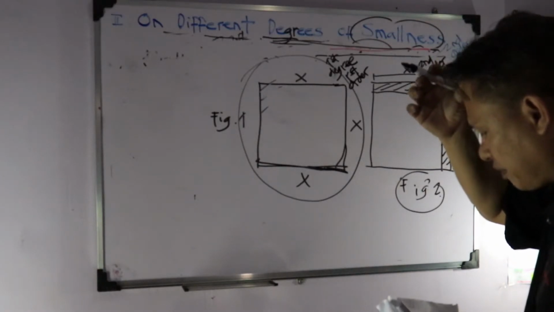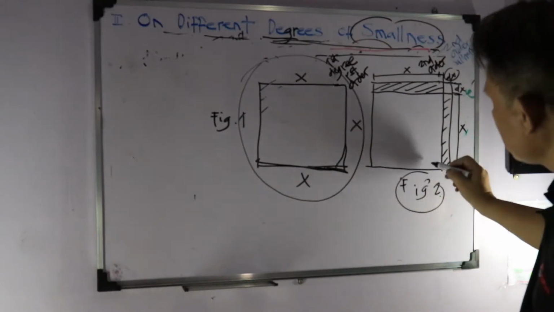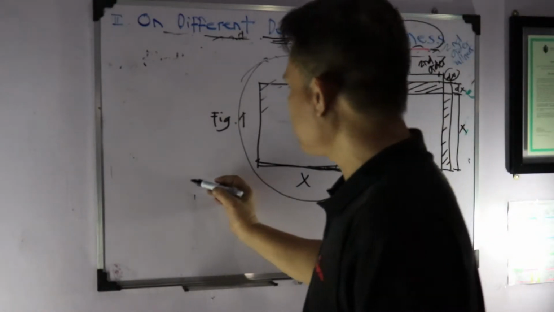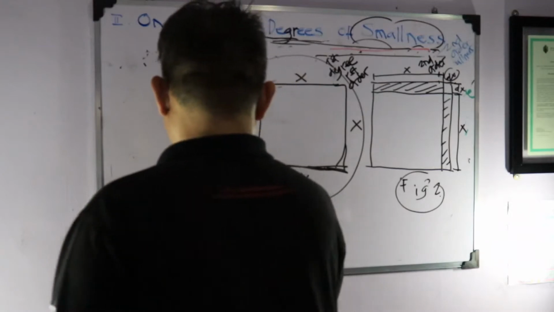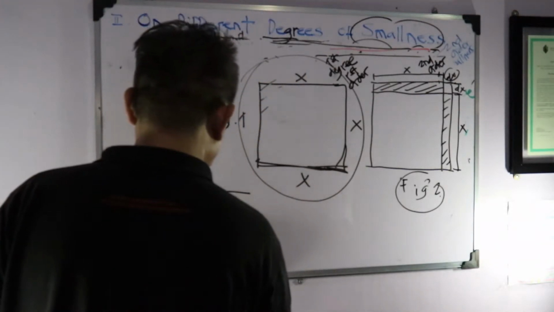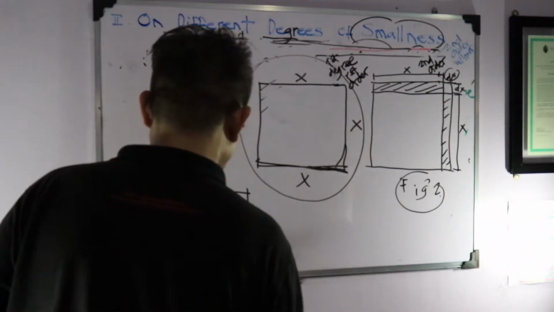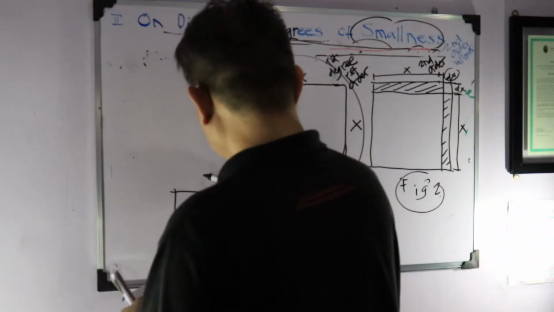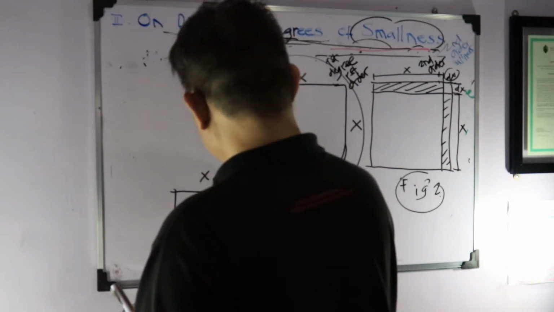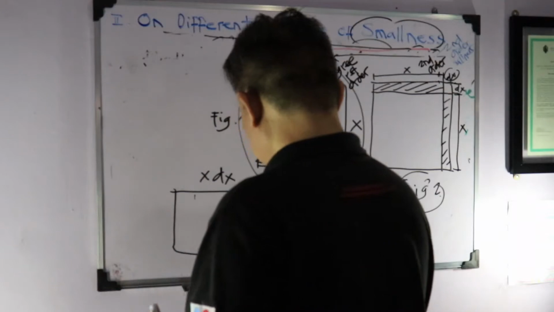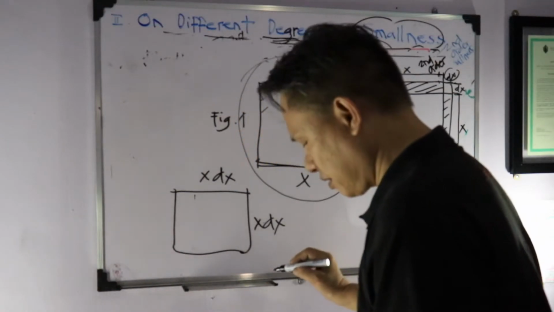Now, the result of that would be in figure 3. So let me say x and dx, having x and dx also.